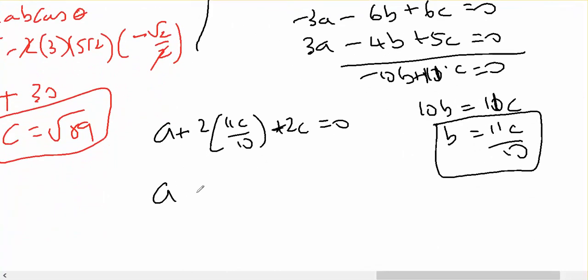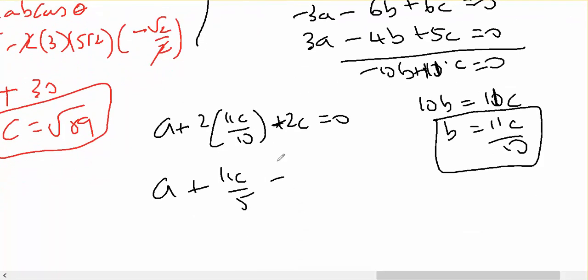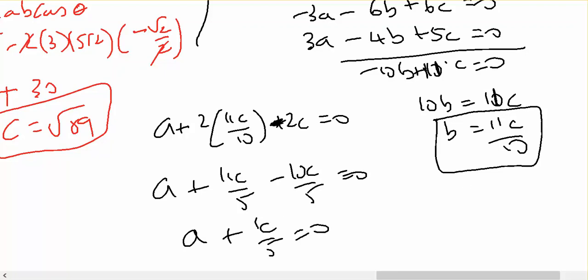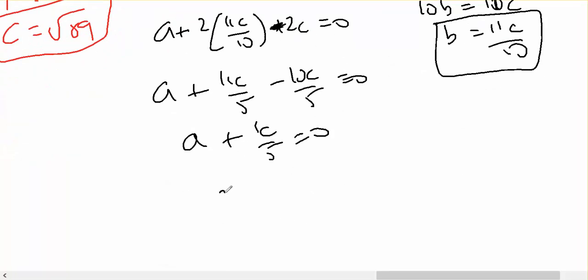Therefore, A plus 11C on 5 minus 10C on 5 equals 0. A plus 1C on 5 equals 0. A equals negative C on 5.